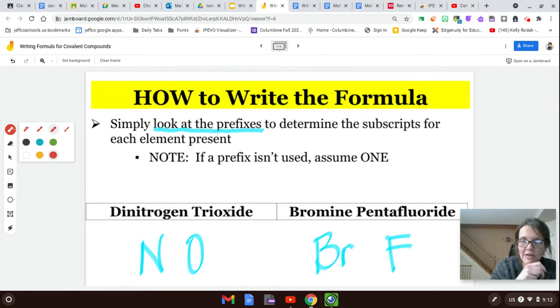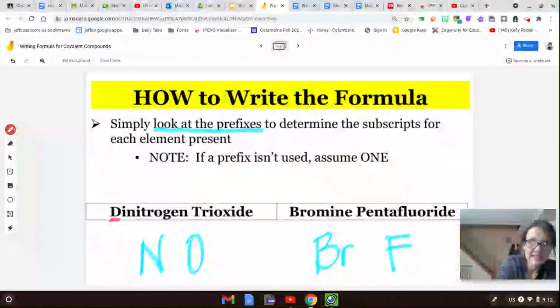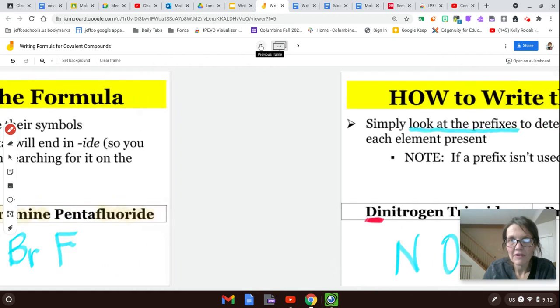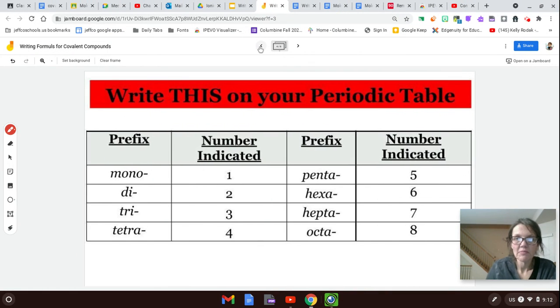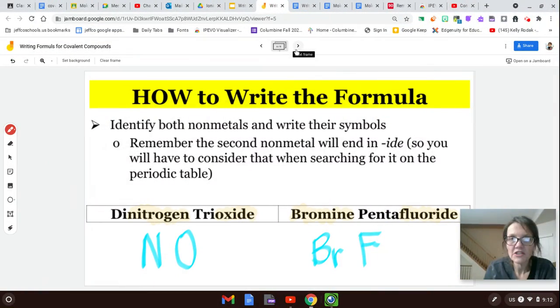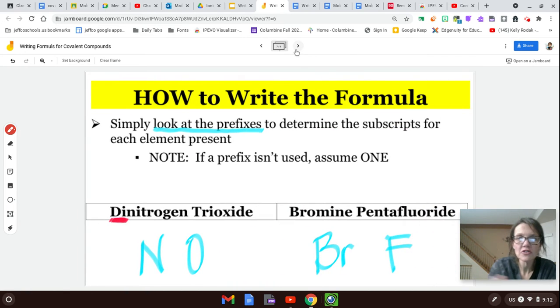Again, this is why I had you write them down. So we have di as a prefix. Let's go back really quick and look at our table. The prefix di right here means 2. So all we're going to do is add a 2 after the nitrogen as a little subscript, okay?